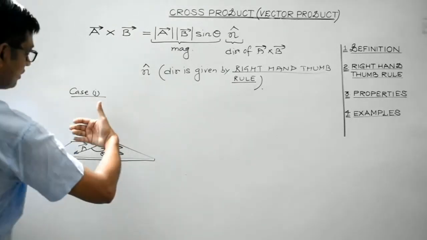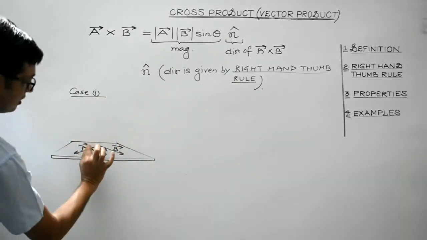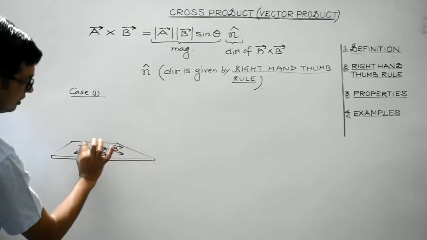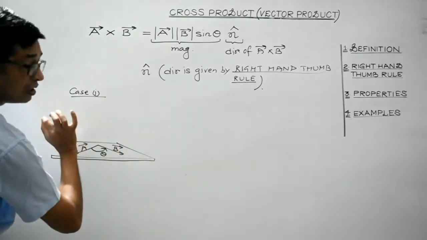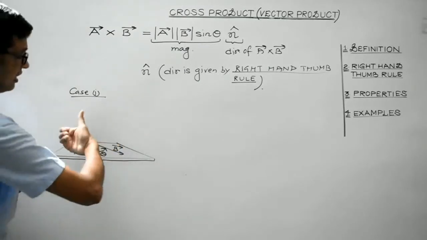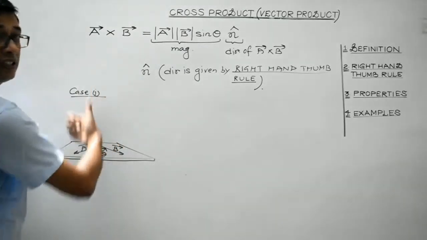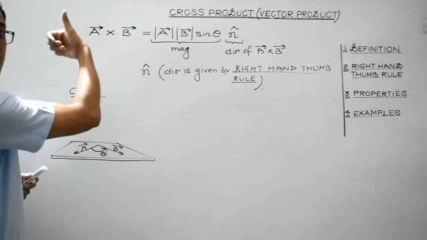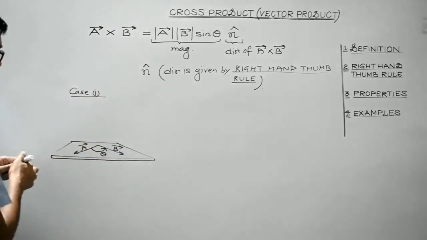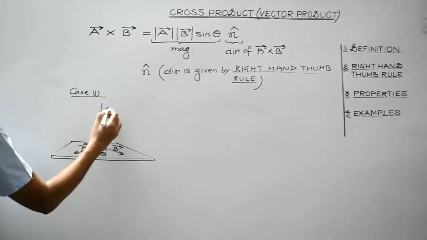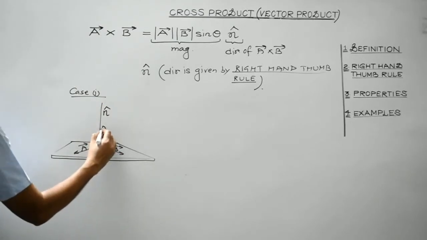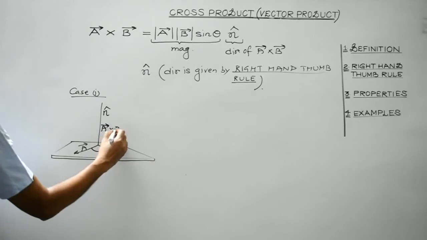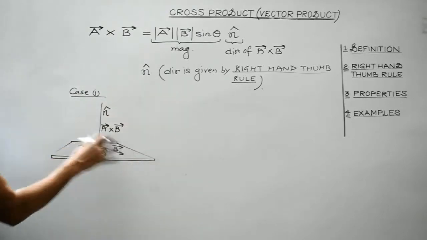So it's like this. The angle is measured from A to B in the anti-clockwise direction. So my fingers are also curling along that direction, anti-clockwise. The thumb is pointing in the upward direction, perpendicular to this horizontal plane. So this is the direction of n cap, which will represent the direction of A vector cross B vector. So from the diagram it's pretty clear.